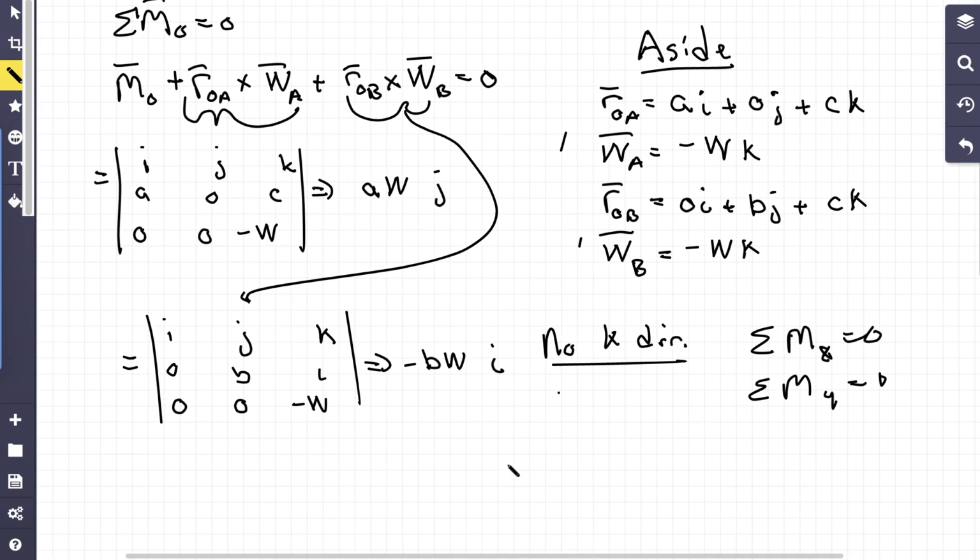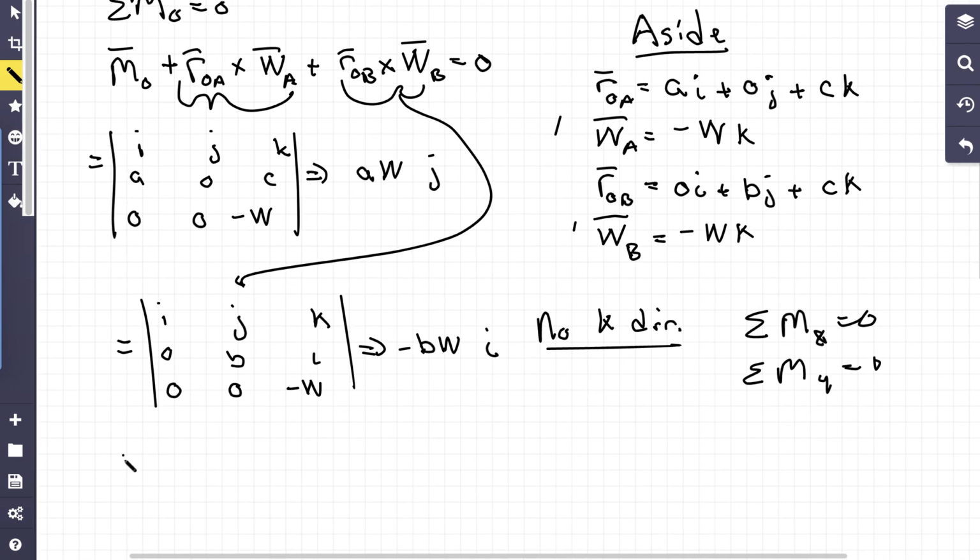So if we collect all of the terms, the moment vector at O is going to be equal to B W in the i minus A W in the j. You see, you have to have counteracting moments. That's why the signs change. You have to counteract the moment about this O position.